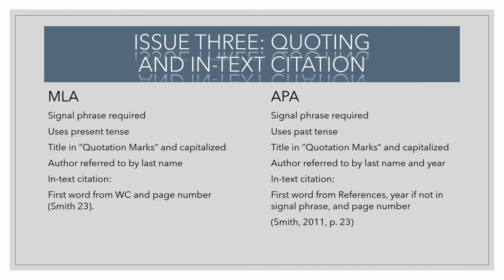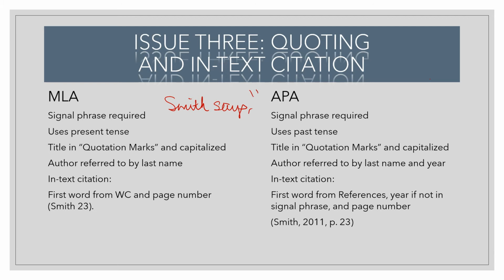Okay, so the next issue is quoting and in-text citations. So for MLA and APA, they have some similarities. One is that both of them require a signal phrase. So you'll need something like Smith says, okay, that's a signal phrase before your quote, and then a comma and your quote.